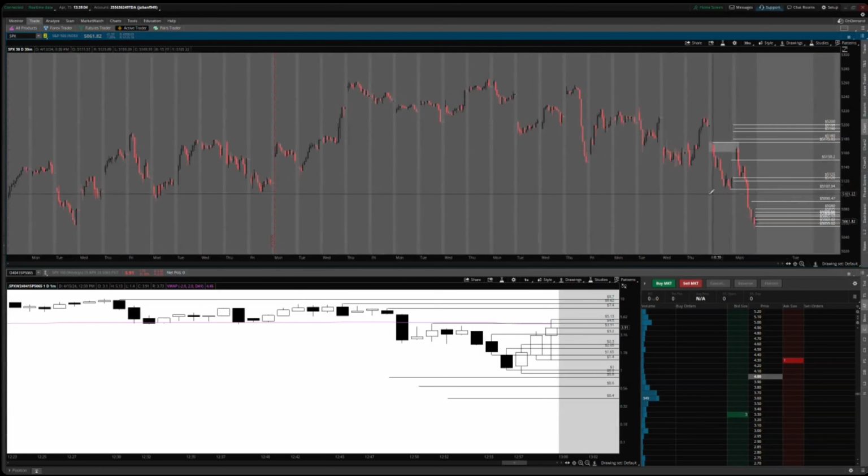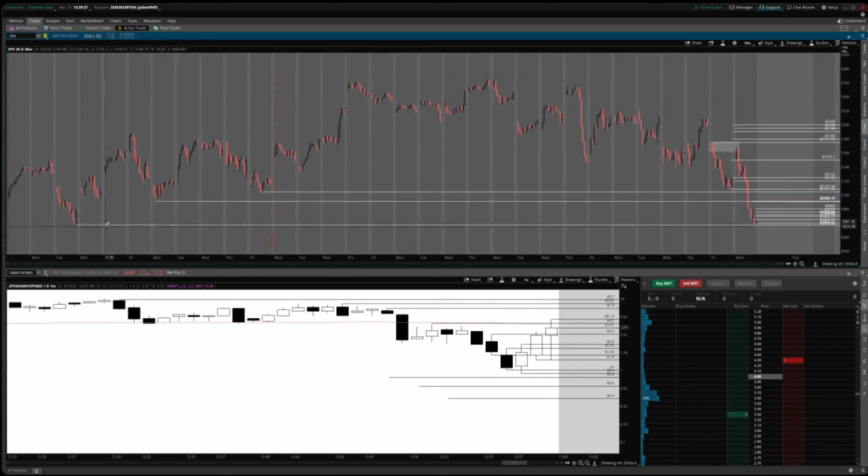Here's Friday's lows, 51.07. Here we go, 51.04. So this is the very next low after Friday that would be a target. The next low before that one is here. The next low before that one, it's the same, is right here.